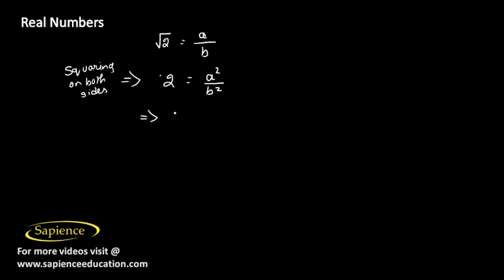Now we have root 2 is equal to a divided by b, where a and b are co-prime numbers. By squaring on both sides, we get 2 is equal to a square by b square, and this can be rewritten as 2b square is equal to a square.